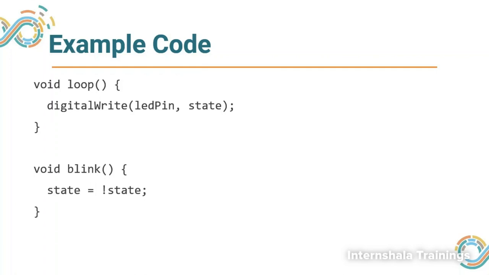That means if it is low, it will become high. If it is high, it will become low. So on the interrupt pin, if you press, high LED will become low. If you press it one more time, low will become high. So it will keep on blinking by pressing of the interrupt button.